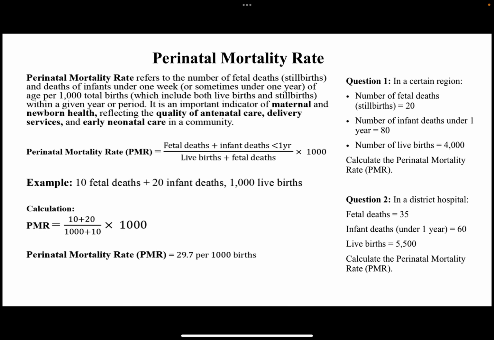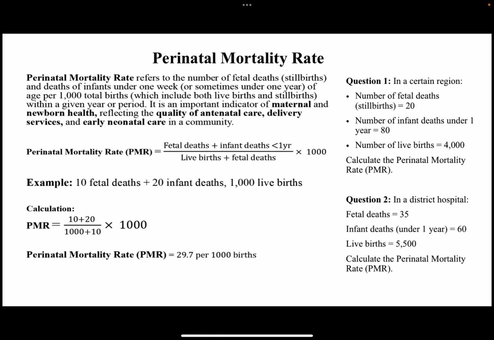Now, the next thing we are going to look at is the perinatal mortality rate. Now, what is perinatal mortality rate? Perinatal mortality rate basically refers to the number of fetal deaths and the death of infants under 1 week, or sometimes under 1 year of age per 1,000 total births.